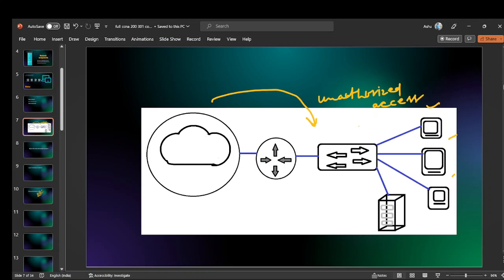Which type of access? To resources, data and functionality. Clear?